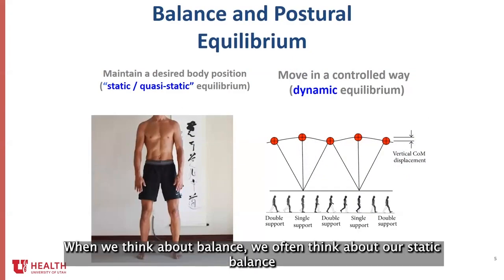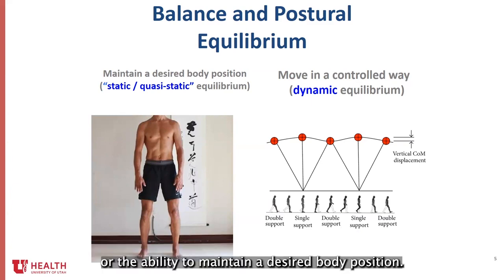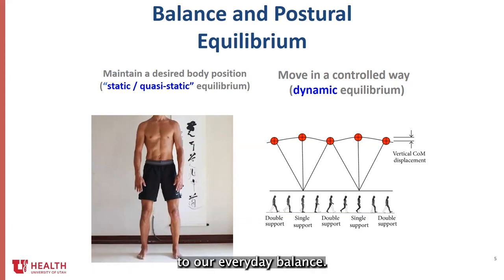When we think about balance, we often think about our static balance, or the ability to maintain a desired body position. When we think about dynamic balance, we think about the ability to move in a controlled way. Both of these things are important to our everyday balance.